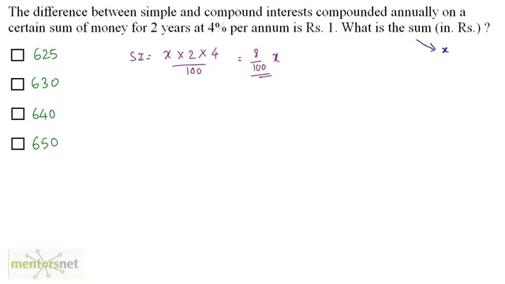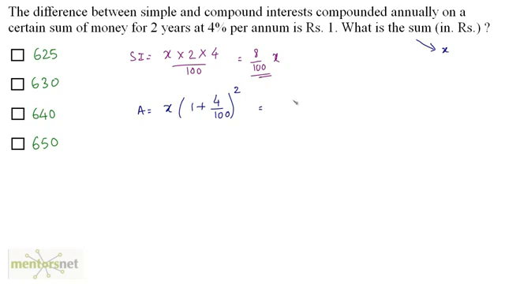Now let us calculate the compound interest. So first we'll calculate the amount. Amount is equal to P into 1 plus R upon 100 raised to N. P, that is the principal, is X. So X into 1 plus rate 4 upon 100 raised to 2.